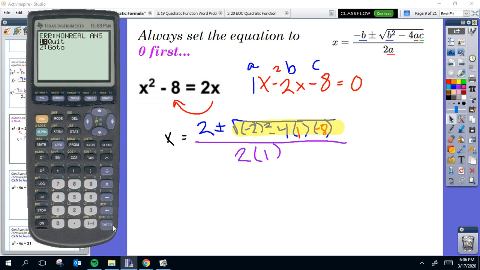And what that's going to give me is, what did I do? Oh, okay, I forgot the negative. So square root of negative 2 squared minus 4 times 1 times negative 8. Yep, and then I get 6.